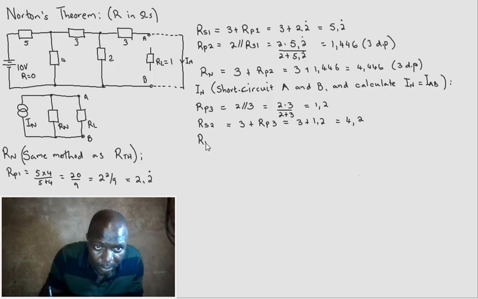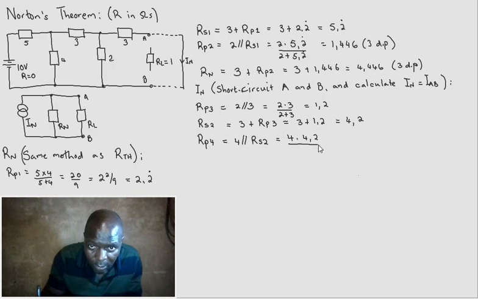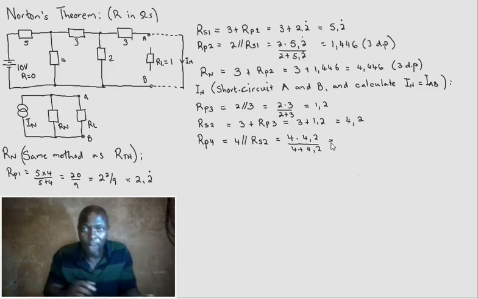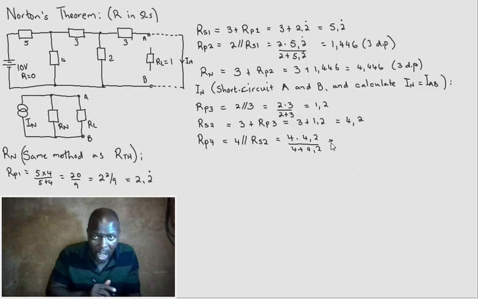R parallel 4 is simply the 4 ohm in parallel with the R series 2. That will be equal to 4 times R series 2, which is 4.2, over 4 plus 4.2.